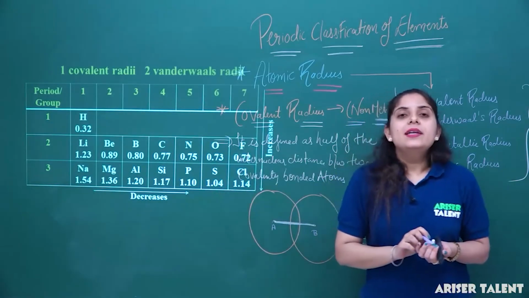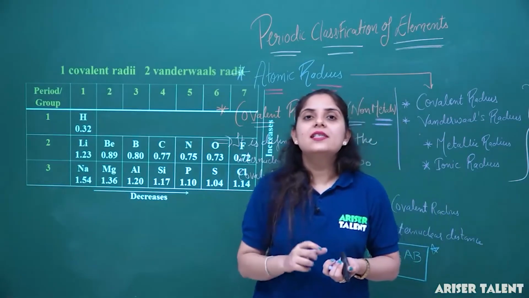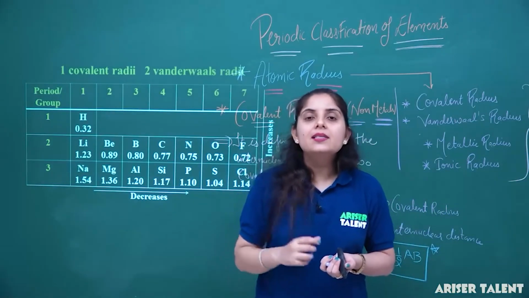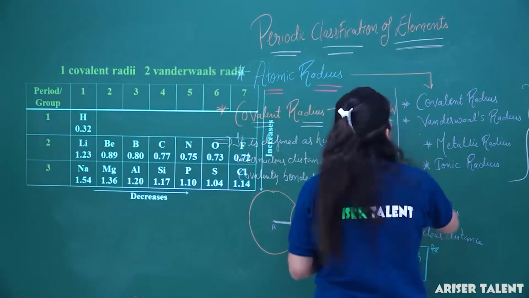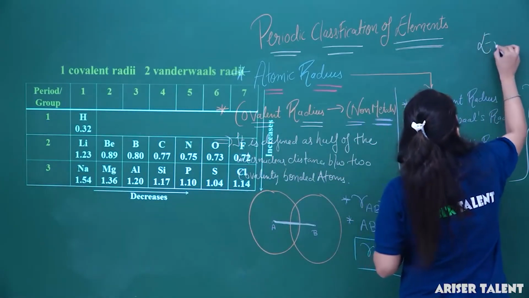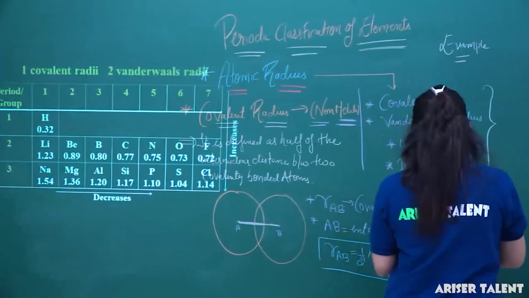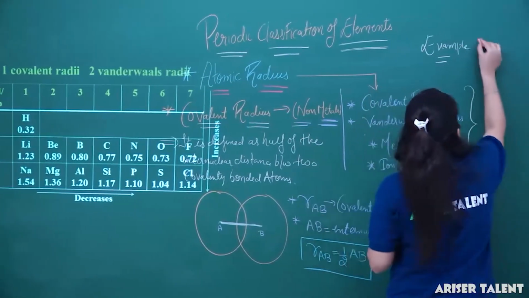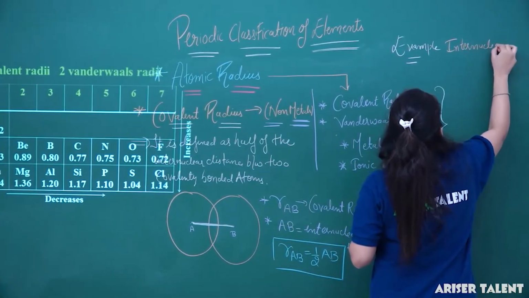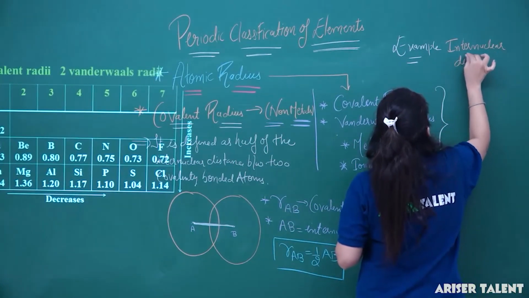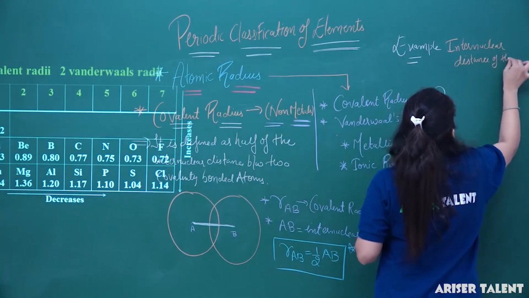Now let us take an example. Suppose the internuclear distance between hydrogen atoms is 74 picometer. Example: we have the internuclear distance of hydrogen.